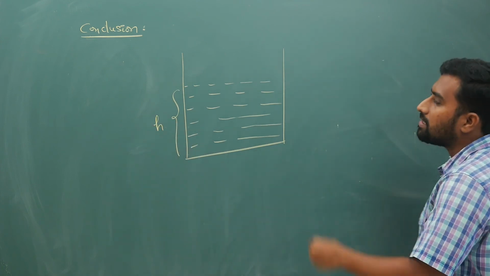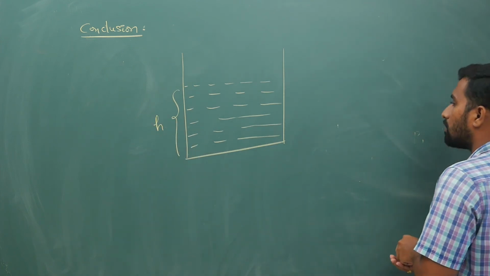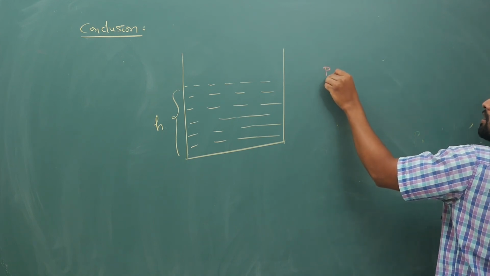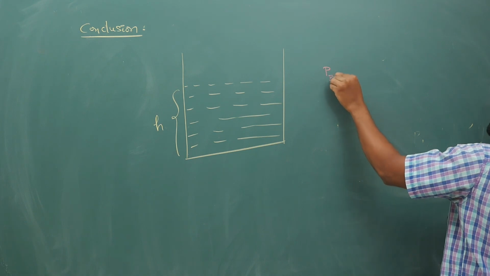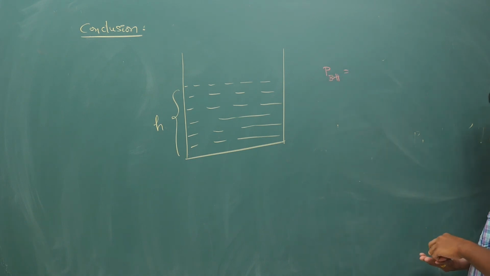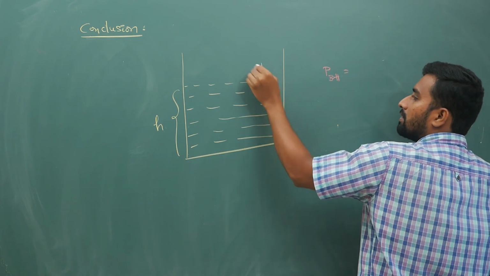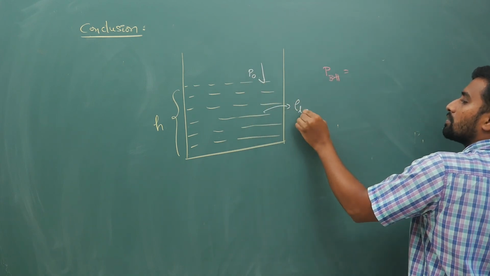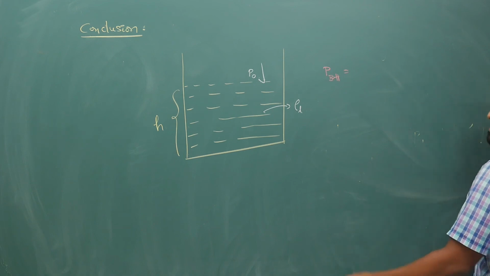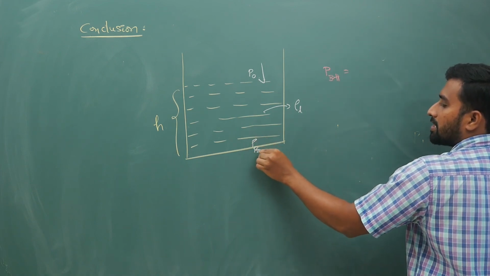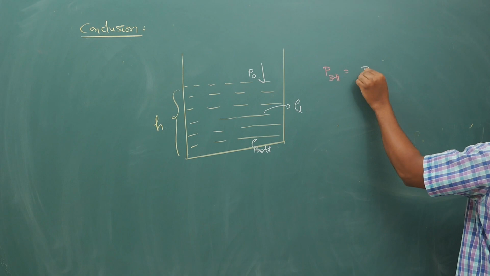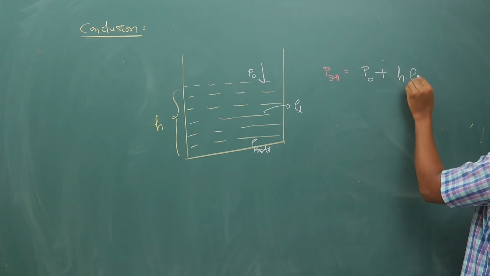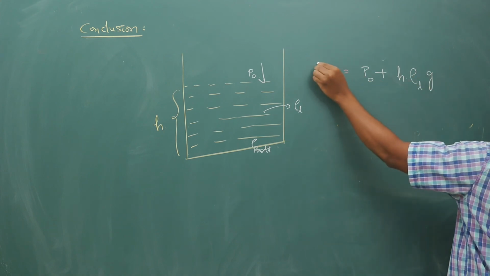Your pressure will change with respect to height as follows. On the surface you will have atmospheric pressure P naught, density of liquid is rho L, and the pressure at the bottom point is P naught plus the height of liquid column times rho of liquid into g.